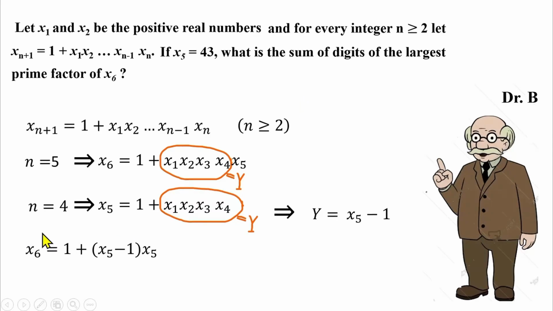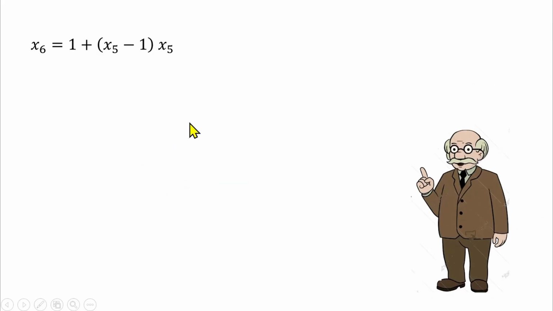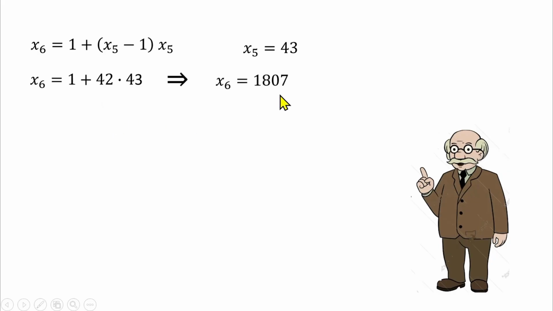Now we can find x6 using the given number for x5. x5 is equal 43. We plug in 43 here. So we have for x6 this expression. We cannot use a calculator, but this is not a problem to find by hand. And we have for x6 1807.